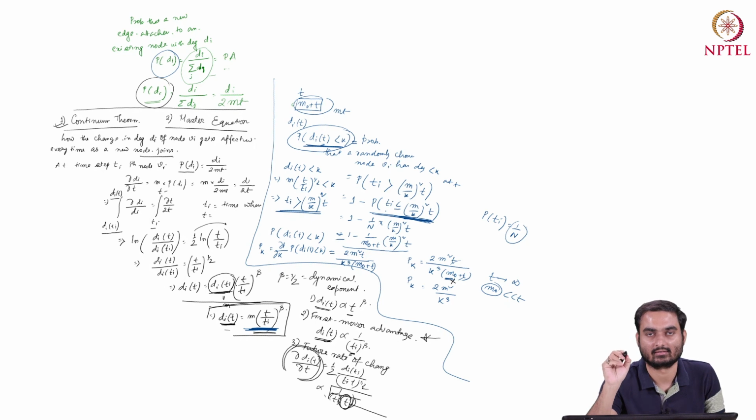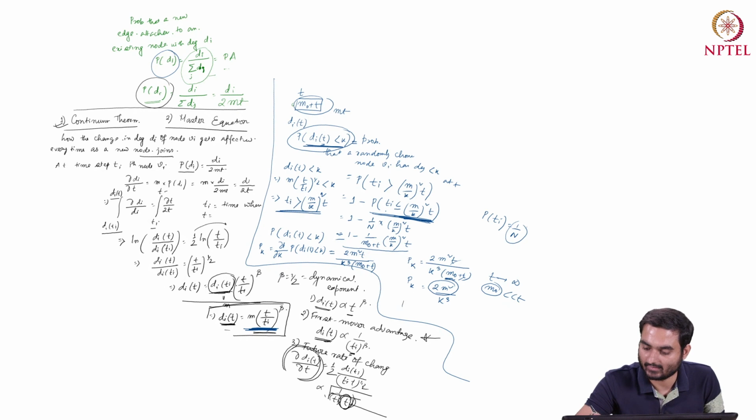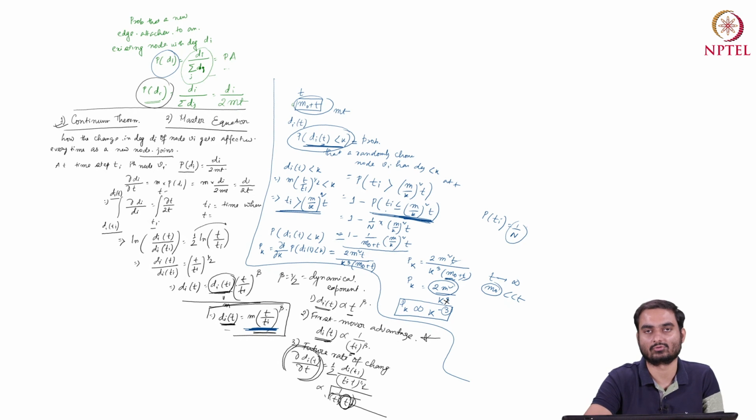This is fixed, so this part is constant. So we will have P(k) proportional to k to the power minus 3. So the probability of a degree k is k to the power minus 3, which is basically power law, where the exponent also ranges between 2 to 3.